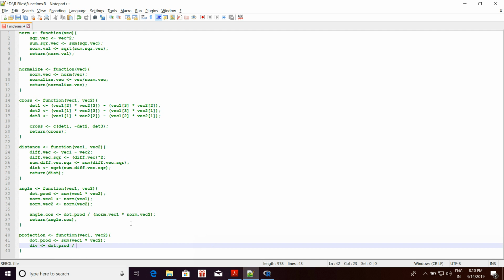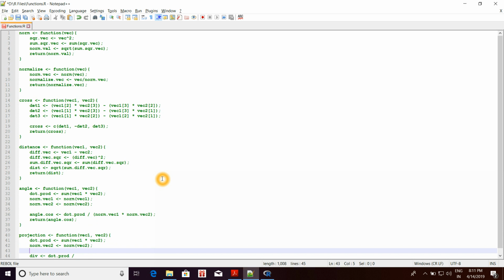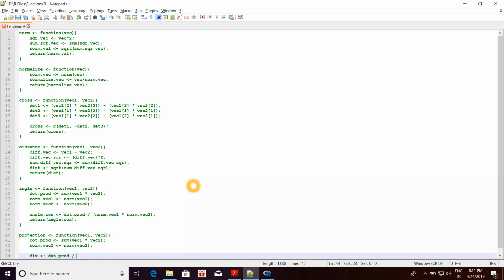the norm square of vec2. So norm of vec2 is same as above, norm of vec2, and then the square of it. So it will be norm dot vec2 square.